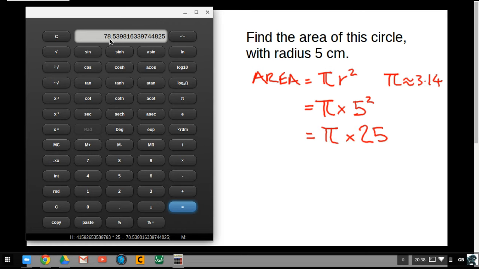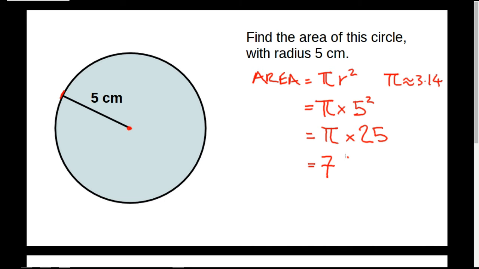As we said, because pi is about 3, that's about 75, so we've got our answer of 78.54. Our area is 78.54. We just need to take a moment to think about our units. Our radius was in centimeters, that was a length. Now we want our area, so our units are going to be centimeters squared.